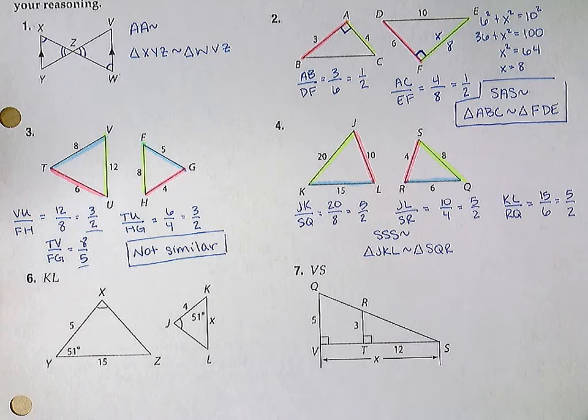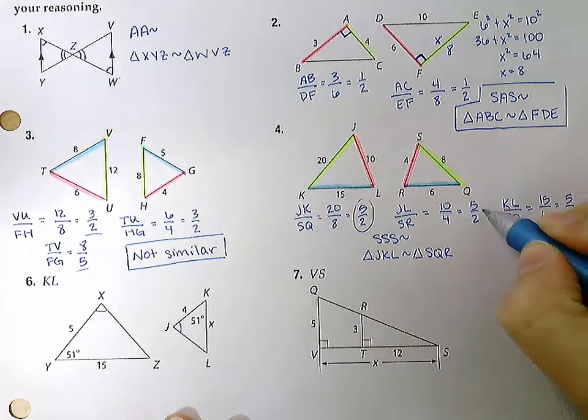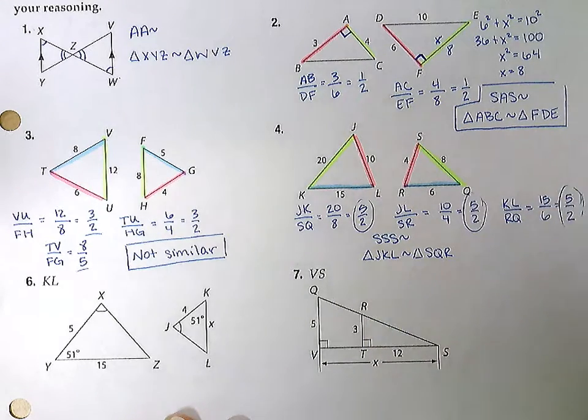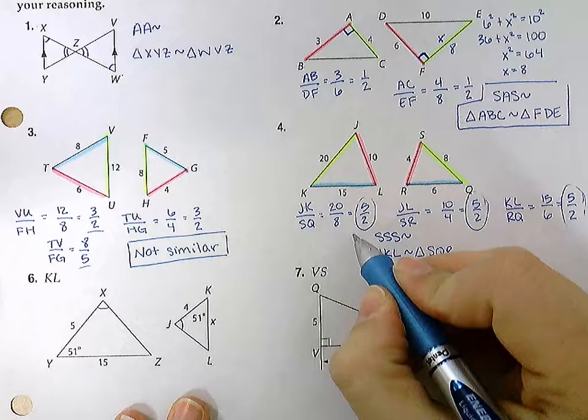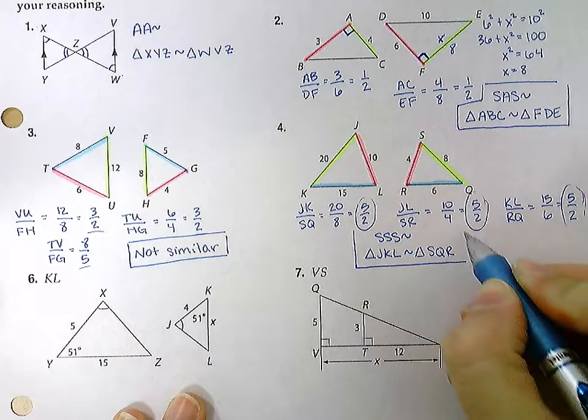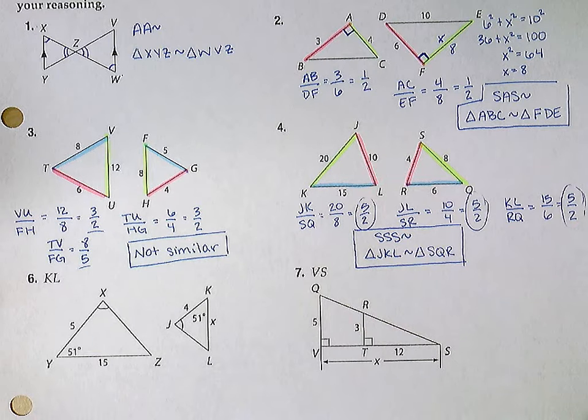When I reduced it, all 3 ended up being 5/2. So since all 3 of your corresponding sides ratio is 5/2, these 2 triangles are similar by side, side, side similarity. And I can write out my similarity statement to say that those 2 triangles are similar.